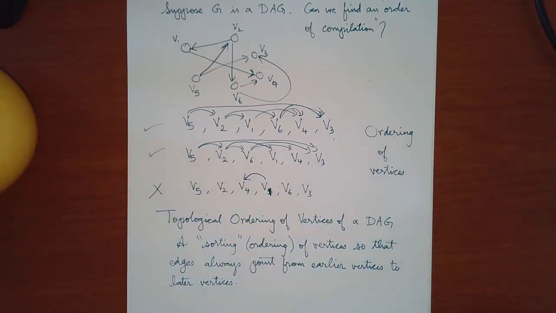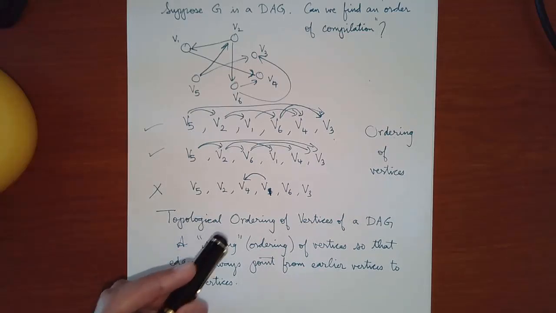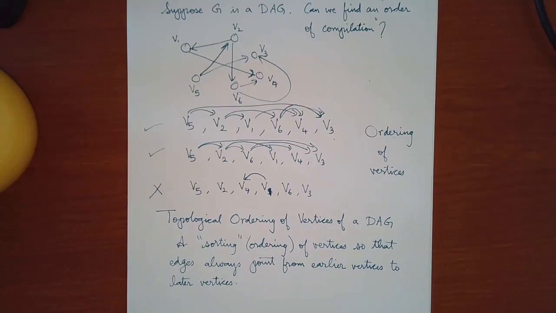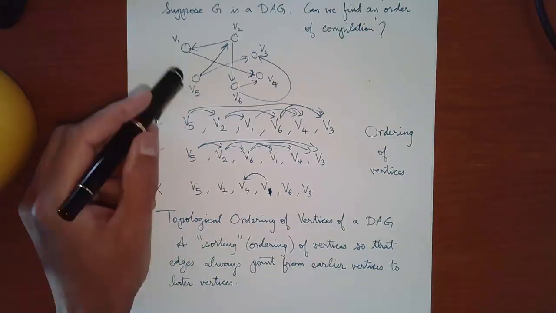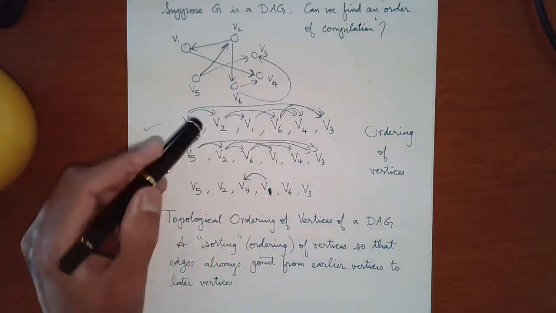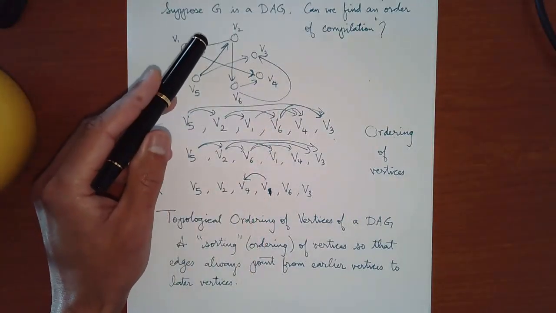So is it only true you can access something once all of its dependencies are compiled? So you could have V5, V3, V2, V1. In your example, you're saying V5, V3, V2.